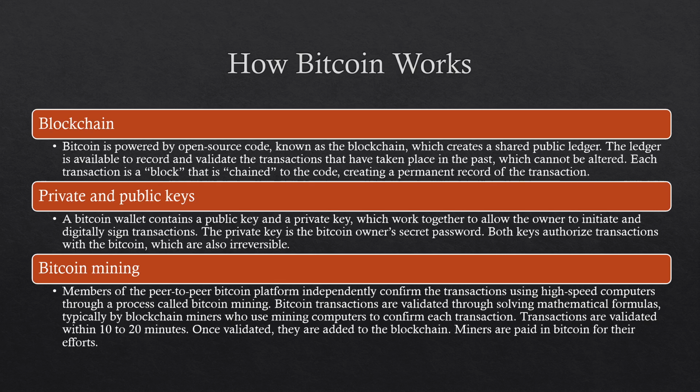Now, a key aspect of Bitcoin and why people feel that the value is going to continue to go up is that there is a theoretical maximum limit of Bitcoin that could ever be produced, which is 21 million coins.